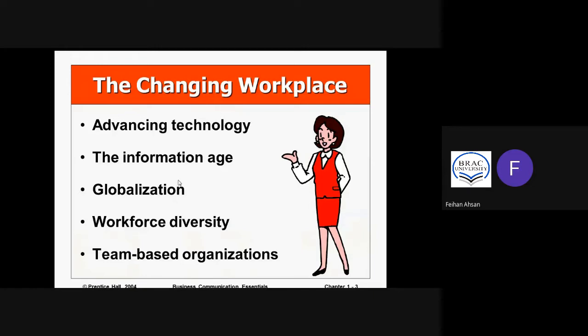Since nowadays in companies and in organizations, you're going to see a lot of multicultural people, people from different races, different backgrounds. This requires cultural sensitivity to be able to know how to interact with people from a diverse background. This has happened as a result of globalization. So we can say that globalization has led to workforce diversity.